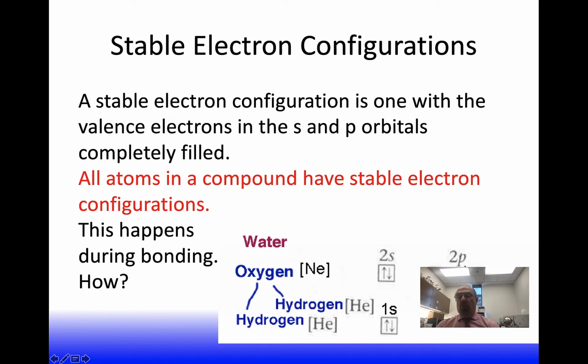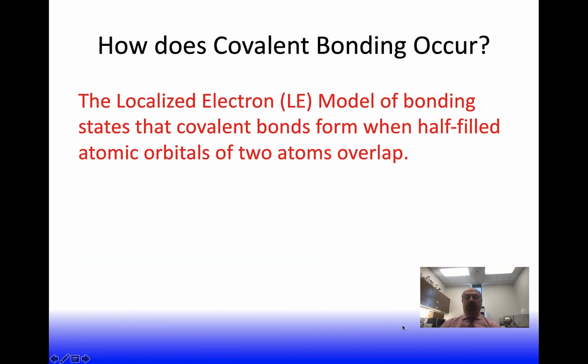But when they overlap, as we're going to see in the next slide, if you overlap a hydrogen s orbital with an oxygen 2p orbital, you end up basically filling all the orbitals. So if you do that twice, you'll end up with a completely stable electron configuration of valence electrons for both oxygen and hydrogen.